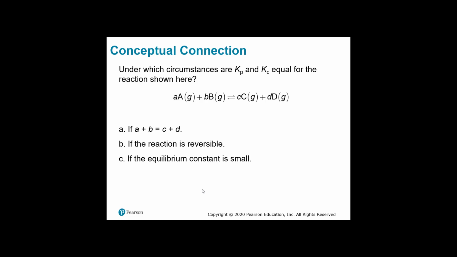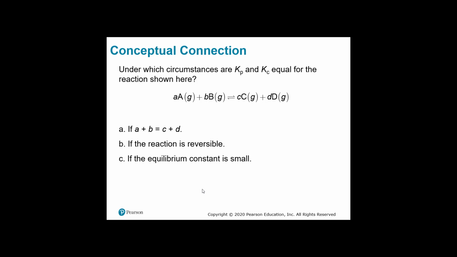So let's read these first of all. A: if A plus B equals C plus D, would that work? B is if the reaction is reversible, and C is if the equilibrium constant is small. B and C have nothing to do with this, because first it's an equilibrium, and we're not concerned about the concentrations or the constant. We are more interested in making the equilibrium constant of concentration and the equilibrium constant of partial pressure equal to each other.